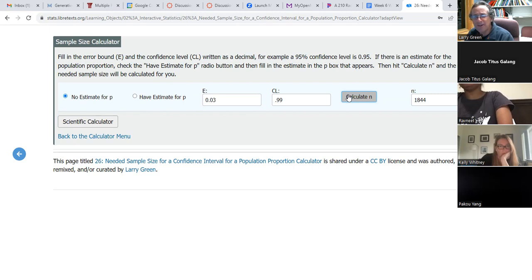Okay, so now there's some different things you can do. You could change the margin of error. You could change the confidence level, but here's another thing you can do. You could actually do a little research and maybe get an estimate. Maybe look up last year and make that your best estimate.